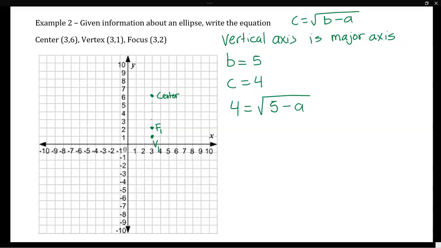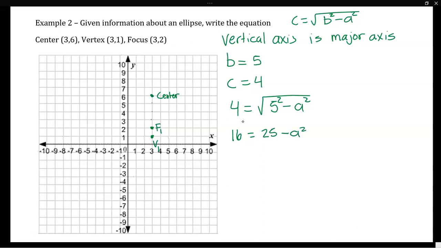So now we need to square both sides, and that's going to give us 16. I'm sorry, this should be b squared minus a squared. My apologies. So 5 squared minus a squared. So we're going to get 16 equals 25 minus a squared.